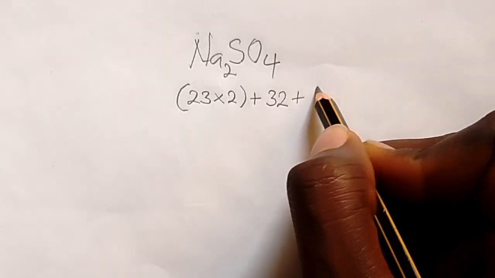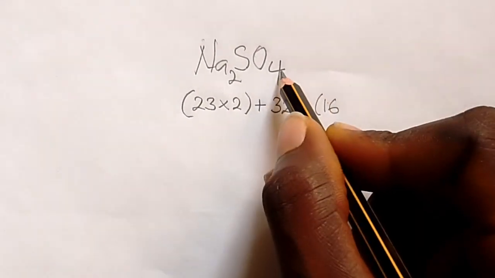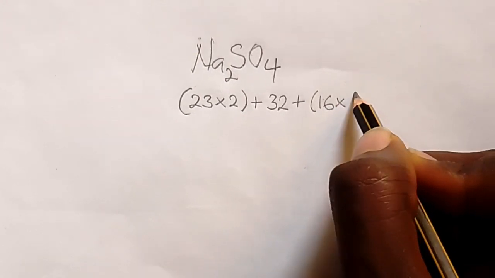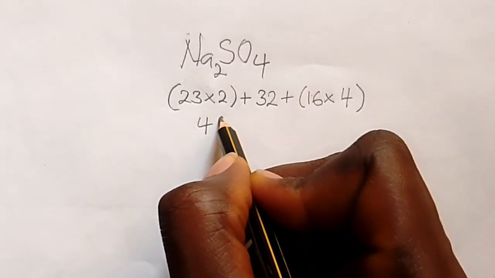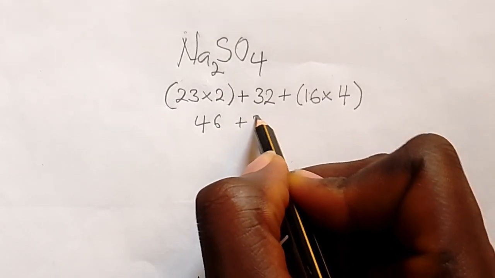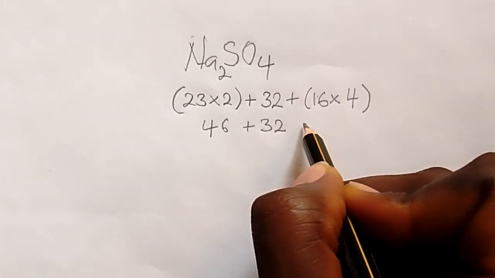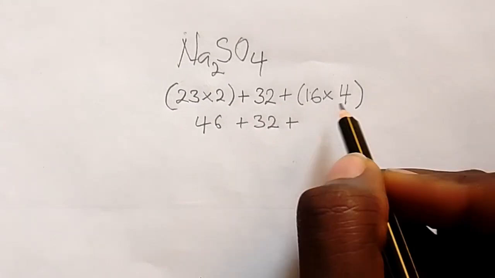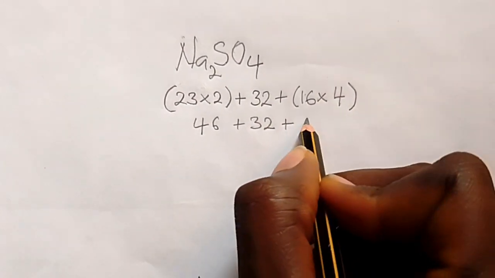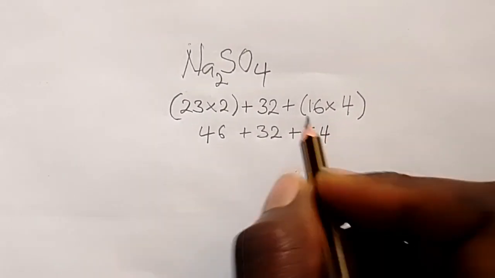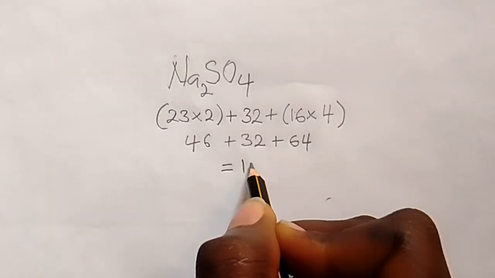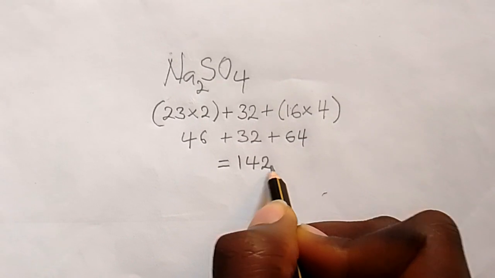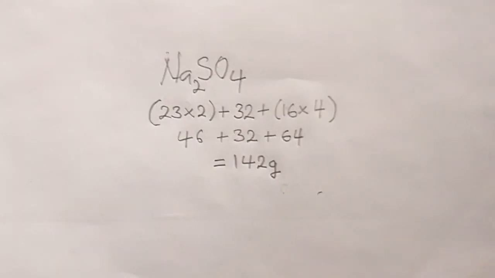That of oxygen is 16. We multiply that by 4 to get the total mass of oxygen in this molecule. So for this we have 46. We bring down that 32, and then finally for all this we have 64. So if we add all of them together, we get the total mass of the molecule, which is 142 grams.